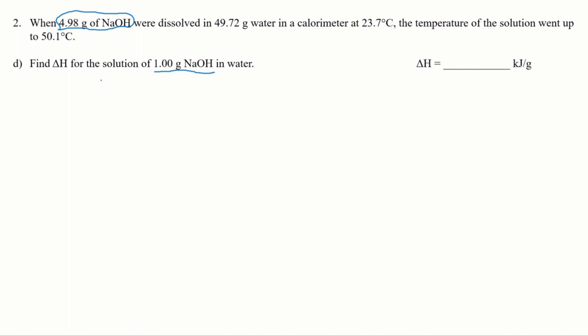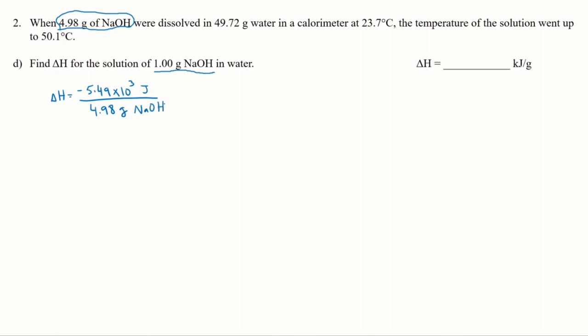Well, the total amount of change in enthalpy, delta H, from part C was negative 5.49 times 10 to the 3 joules. This amount was for 4.98 grams of sodium hydroxide.